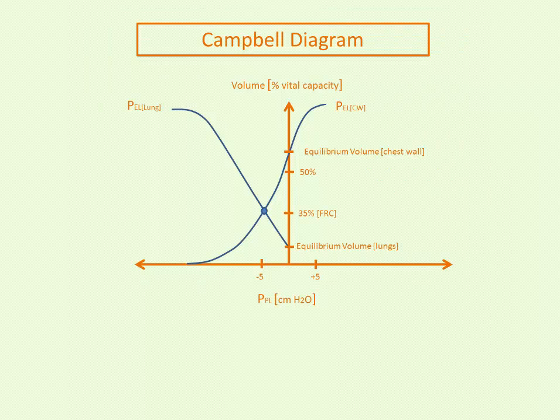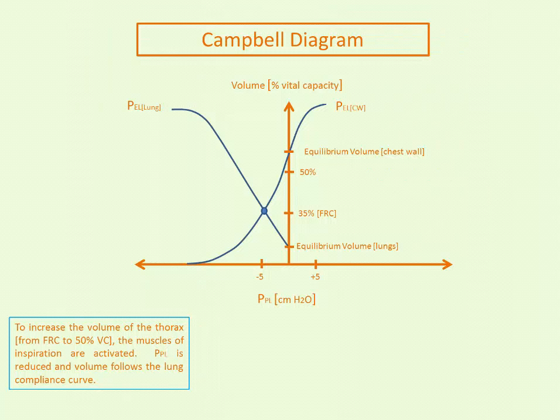And the point at which they intersect is functional residual capacity, and then the healthy normal adult, whoever that is, that tends to be about 35% of the vital capacity. So to increase the volume of the thorax, say from FRC to 50% vital capacity, the muscles of inspiration are activated. So when the muscles of inspiration are activated, the pleural pressure is reduced and the lung follows the lung compliance curve.